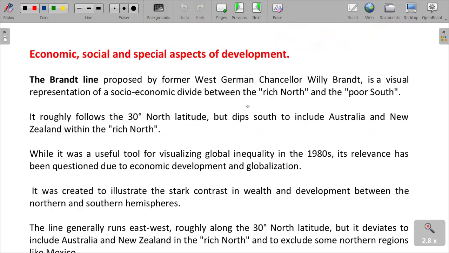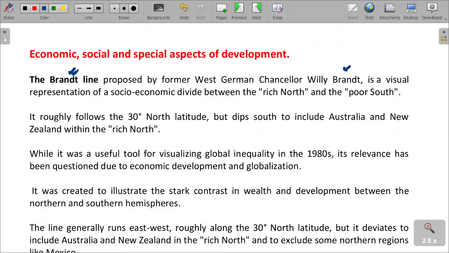Let's go. I want us to look at the Brandt line. We have to come to understand that the world is divided into north and south. So the Brandt line was proposed by a former West German chancellor, who is Willy Brandt.